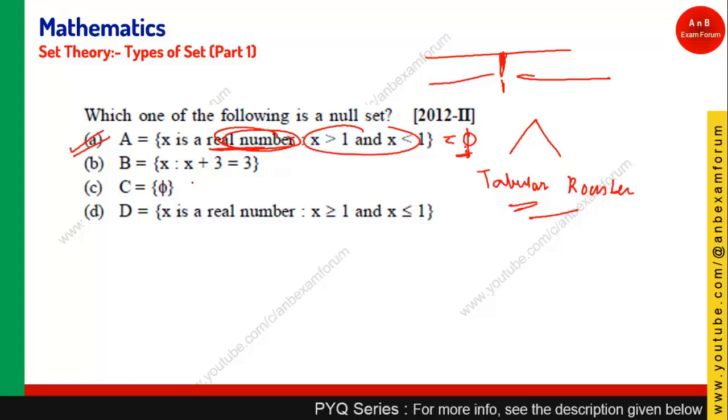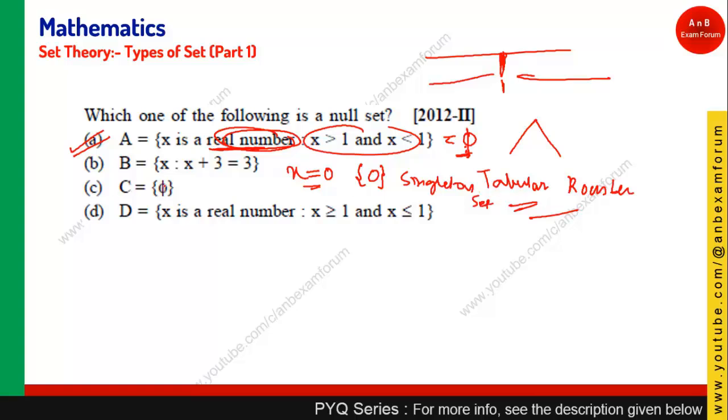Let's see how the others are not null sets. x is such that x plus 1 is equal to 3. If you solve, you will get x is equal to 3 minus 3, which is 0. So you will have one element in this set. This is a singleton set, not the null set.